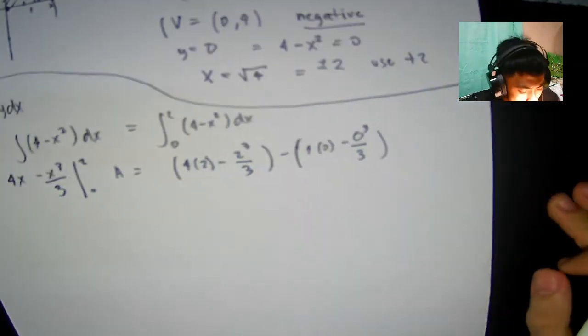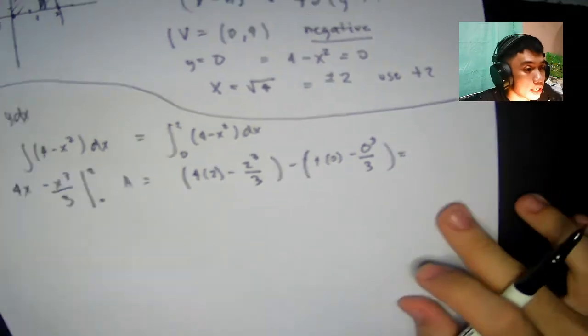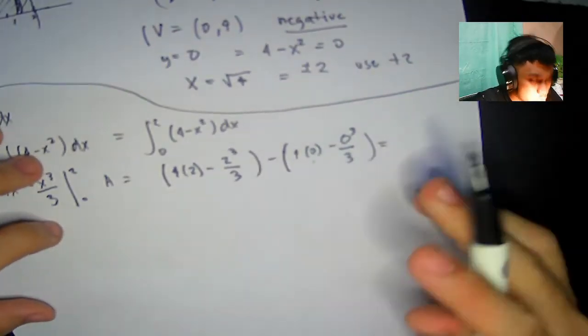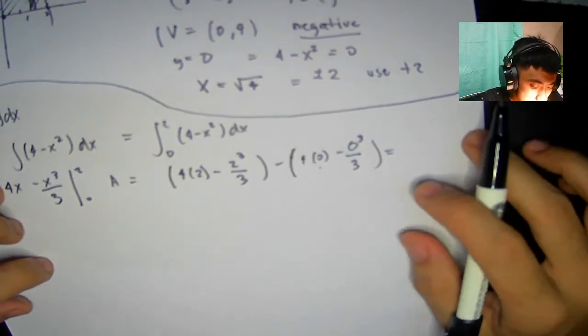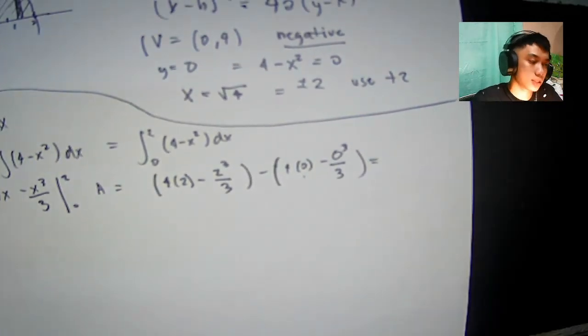We can disregard 0 here because 4 times 0 is 0, and negative 0 over 3 is just 0.